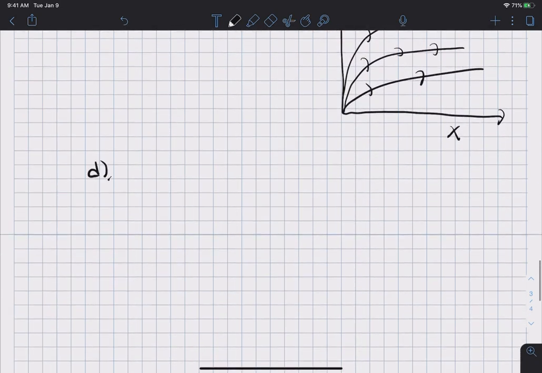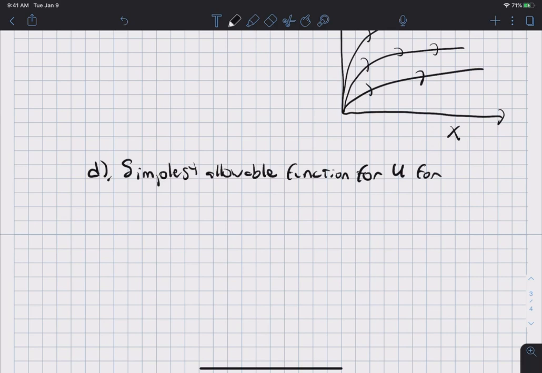And so in part D, we were asked to find the simplest allowable function for u for the flow to be incompressible.